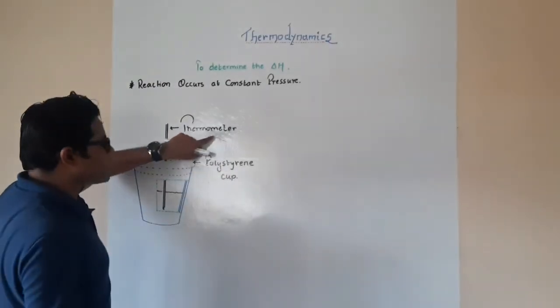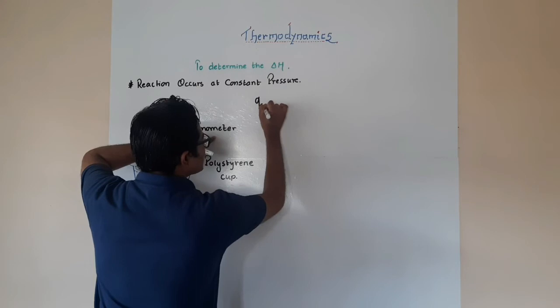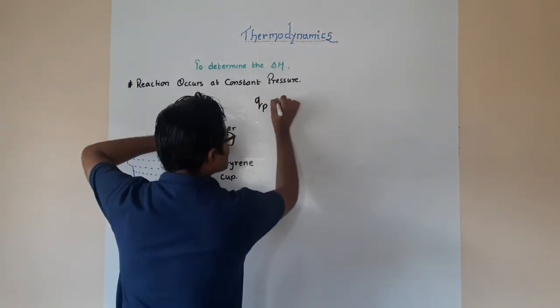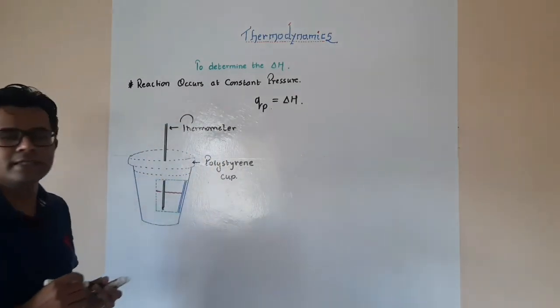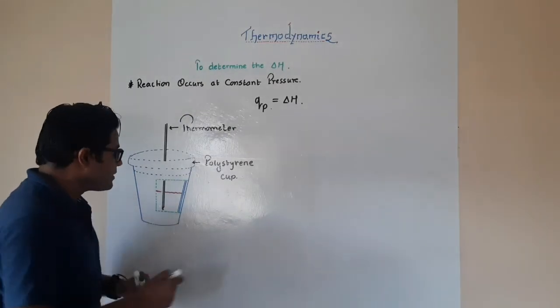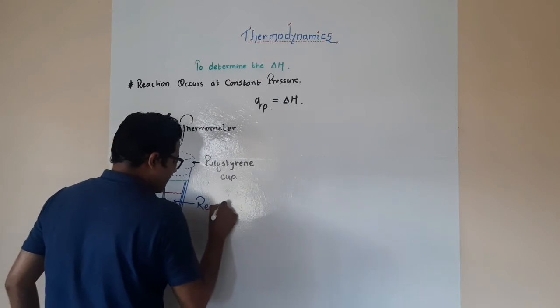Whatever temperature difference you get, you can directly calculate the heat change. In this case, the direct relationship is that Qp is directly related to the change in enthalpy. So here is where you can see the reaction occurring.